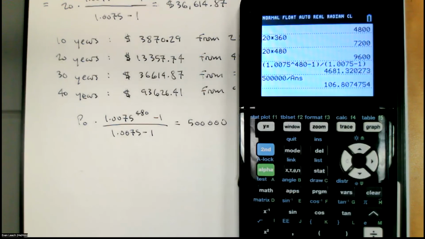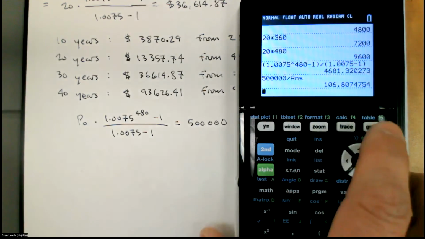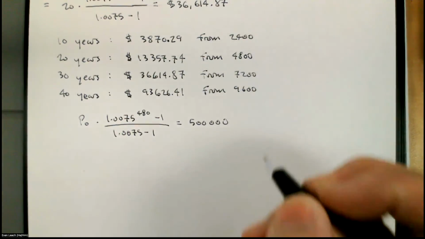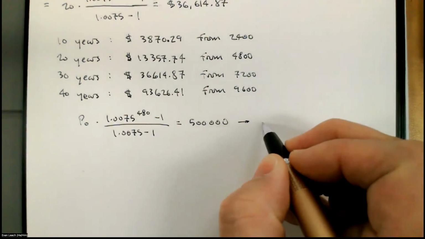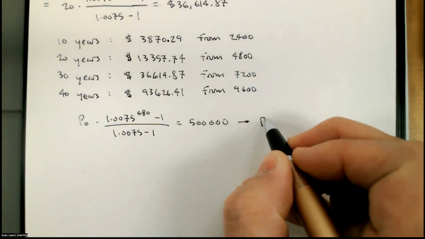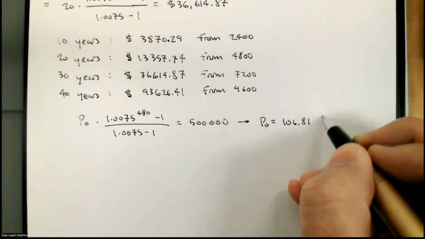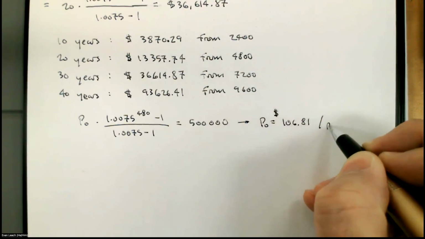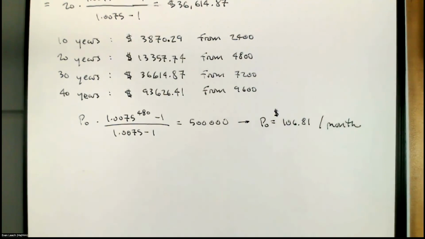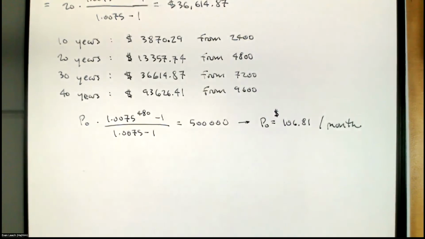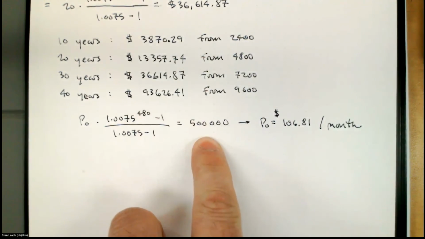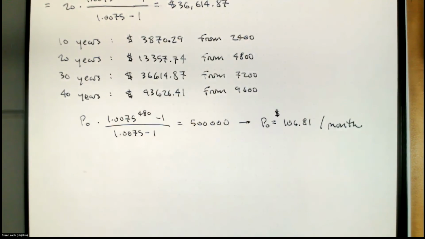Big change from the previous, where we had to put $37,000 up front. This one is just over 100 bucks a month. For 40 years, but 100 bucks per month. 5 times our monthly has resulted in more than 5 times after 40 years.